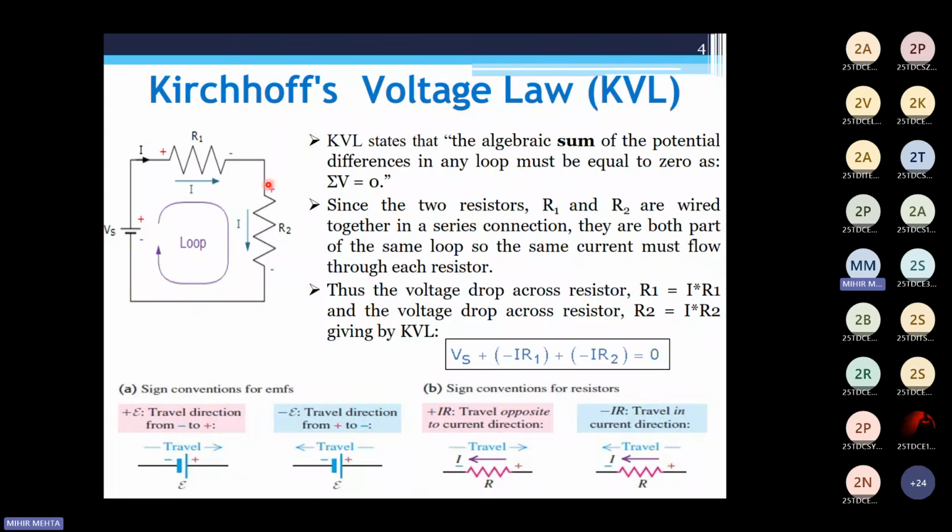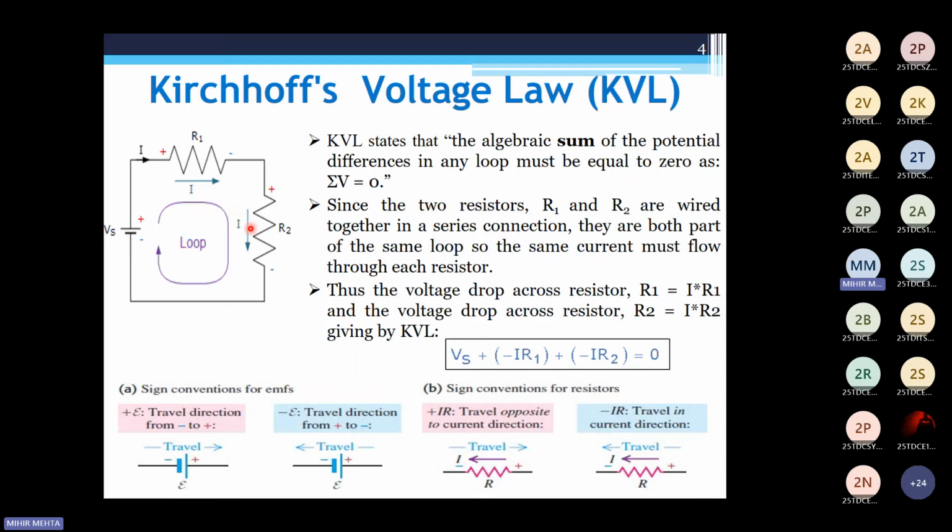Now when we form this equation, the voltage Vs, which is provided by the supply, is equal to the voltage drop. So if you are considering this as positive, you'll take your voltage drops as negative. That would be minus IR1 and minus IR2, and this would be equal to 0. Why? Because the total voltage provided and the voltage drops should be equal.